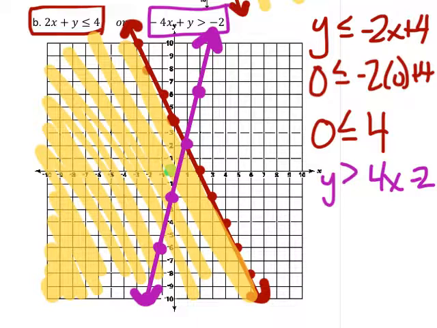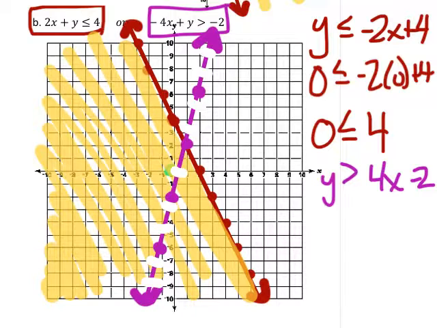Okay, now we can see this line doesn't go through 0, 0, so I can use it. In addition to that, we can also see that in the original equation it's just greater than. So I am going to have to make this a dashed line, dotted, whichever one you choose, as long as we know that those values are not solutions to this line.